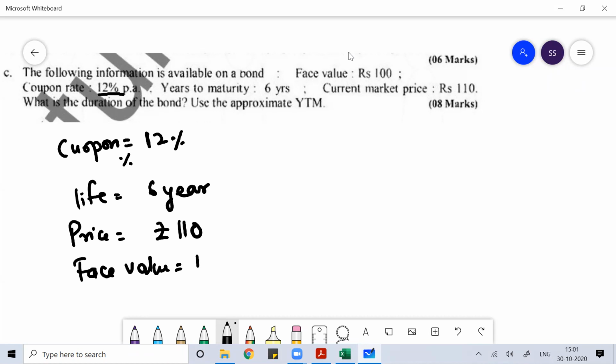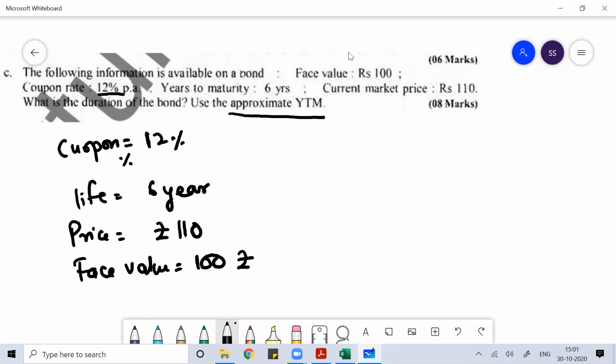They have not given the YTM, so they're telling us to use the approximate YTM. You can find the YTM also if required, using the trial and error method.